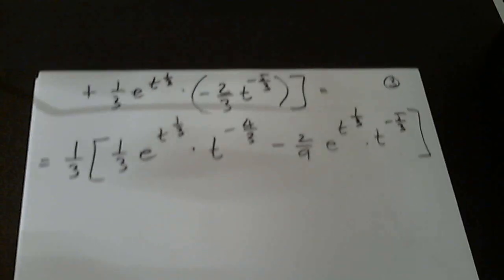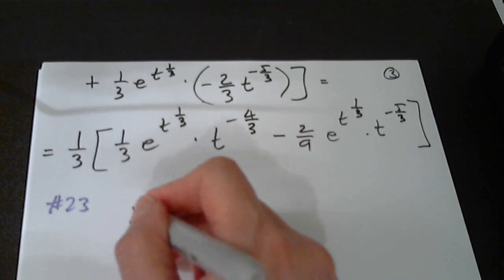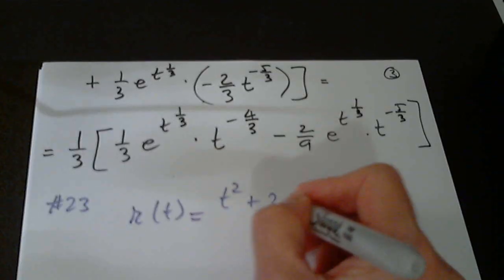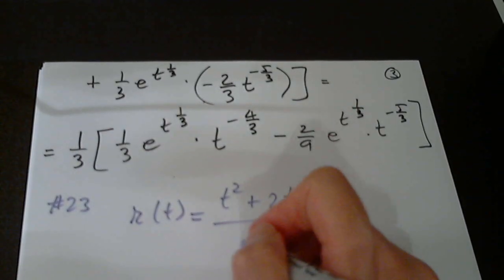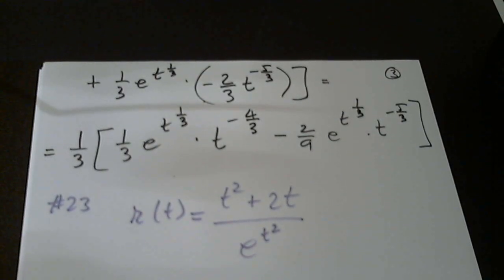I'd like to choose 23. So in 23, we have r of t equals t squared plus 2t over e to t squared. They're big on e to a power that has another power.